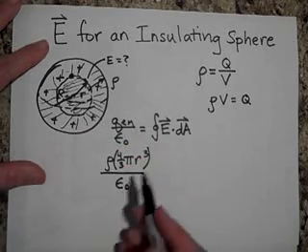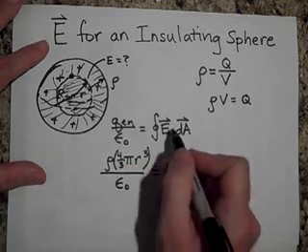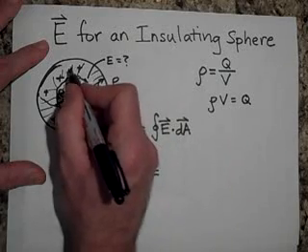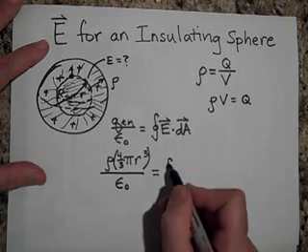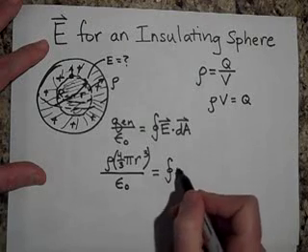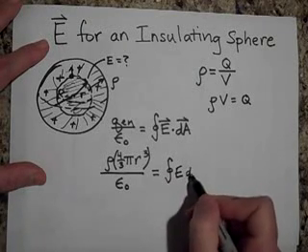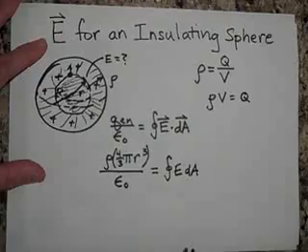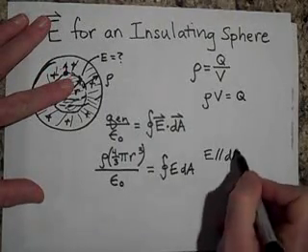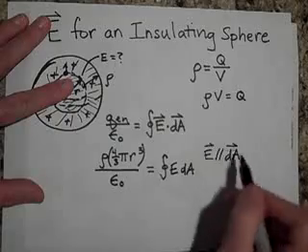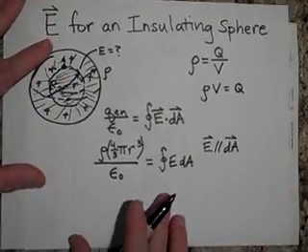And so I can get rid of the dot product because dA is this way and so is E. Do the same steps every time. That's because E is parallel to dA at all points on the Gaussian surface.